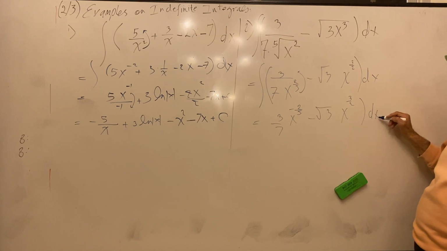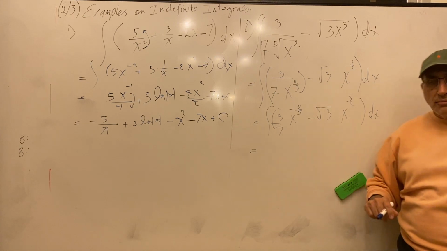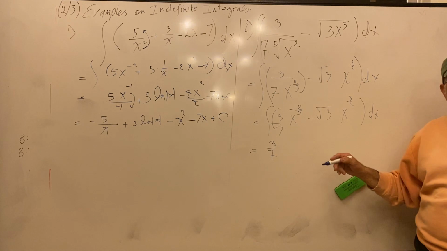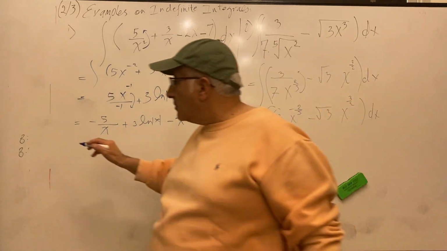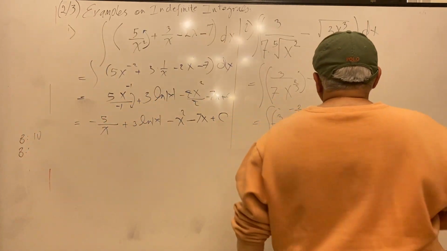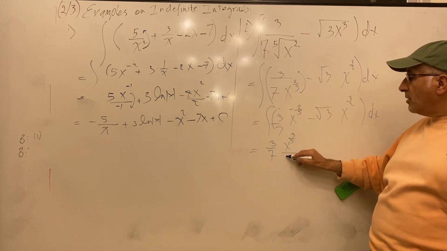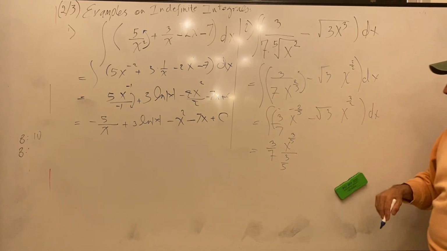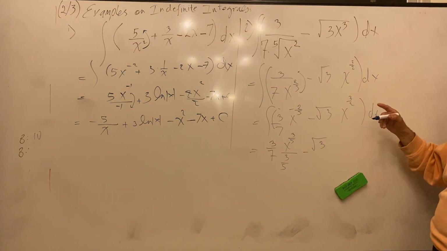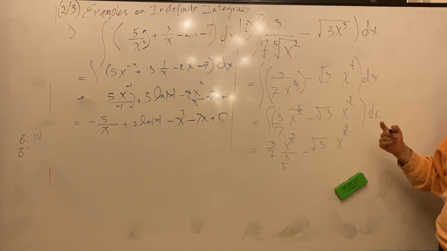Now I'm ready. For what? To integrate. The integration of this one: this constant stays, x to the power minus 2/5. How much is it? It's a plus 1, all right? So minus 2/5 plus 5 over 5 is plus 3 over 5. Don't forget, divided by 3 over 5. Minus square root of 3, 3 over 2 plus 1 is 5 over 2. 1.5 plus 1 is 2.5.